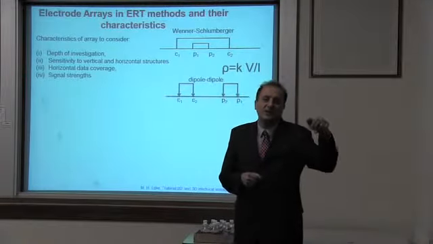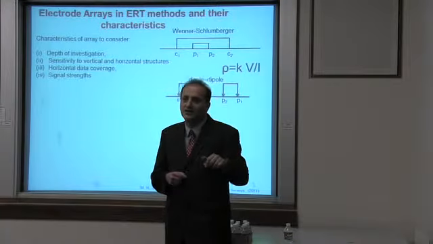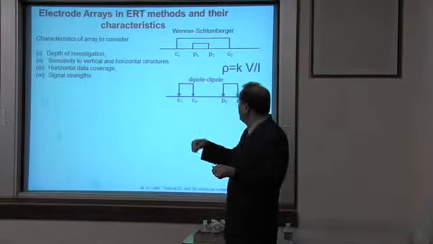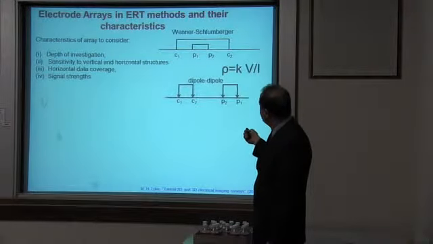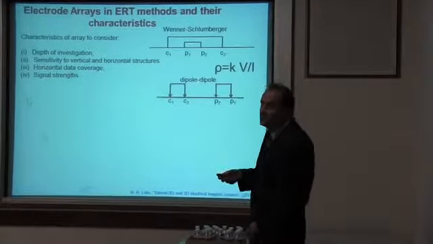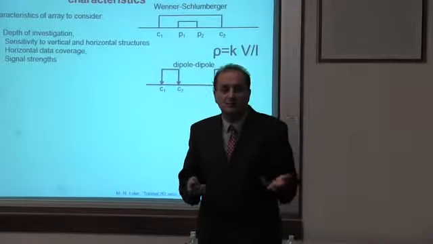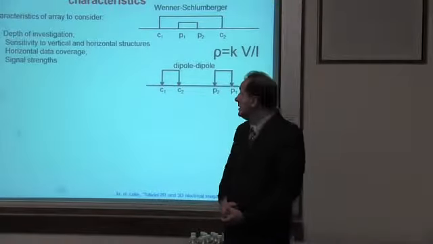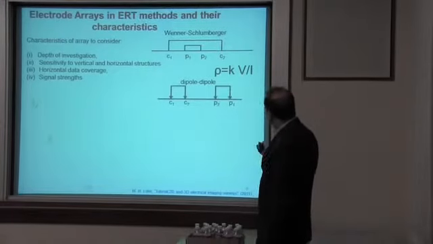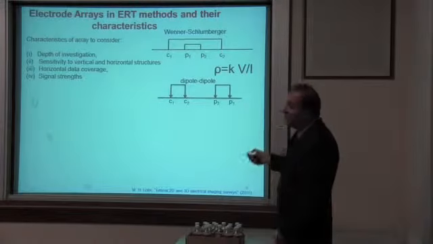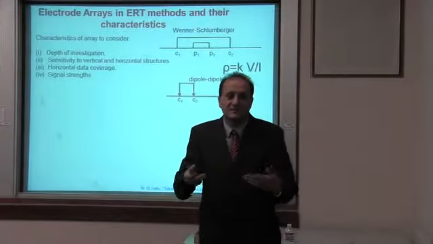They inject or energize the earth with some electric current, and once the current passes, let's say from this point to this point, there will be some voltage drop in between, so we can measure the voltage drop using a voltmeter. And using Ohm's law, we can easily identify the resistivity.